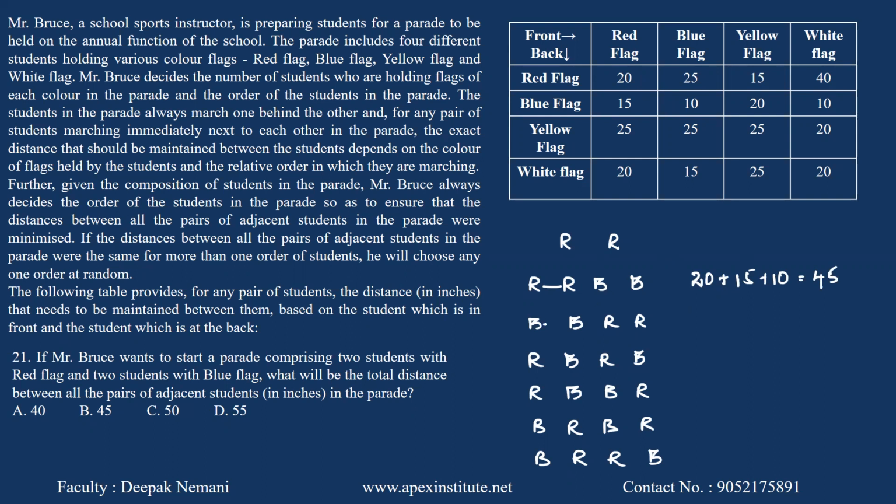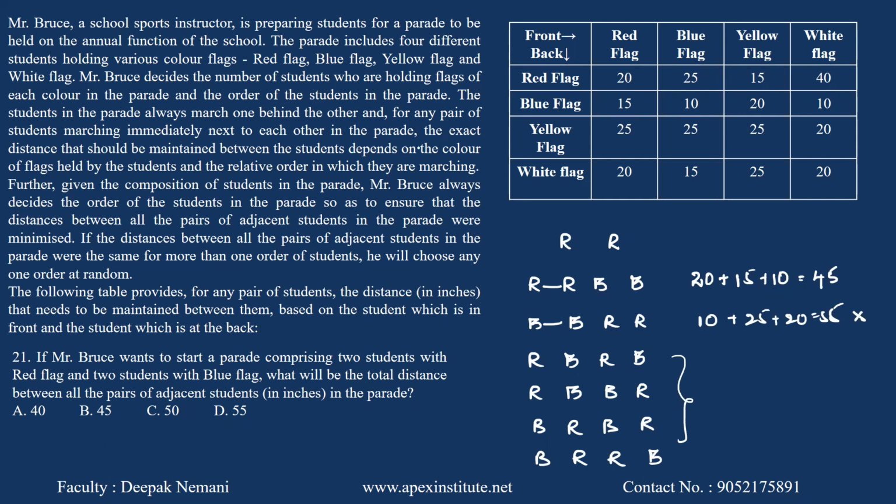Now, if I consider this arrangement, blue and blue, 10 plus blue in front of red, 25 plus red and red, 20, which is 55. So this can be eliminated. Now red, blue, red, blue. So you can also find the distance between the first student and the last student. You need to find the total distance between them.